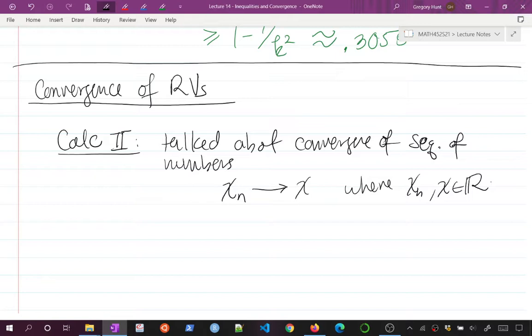Analysis is basically probability with less restrictions, and it turns out these are really central topics to the way you actually talk about this stuff. So that's Calc 2.